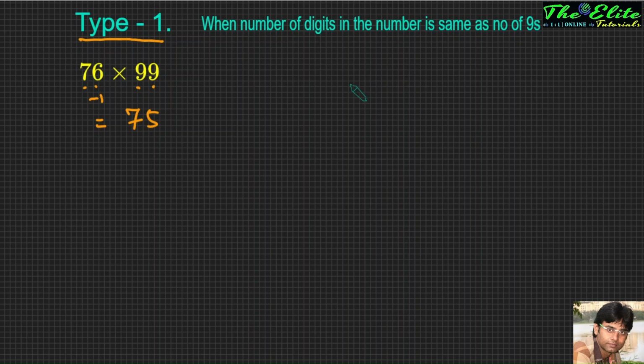The complement is done as it is of 2 digits, so you subtract it from 100. Remember the rule: all from 9, last from 10. So it will give you 2 from here and 4 from here.